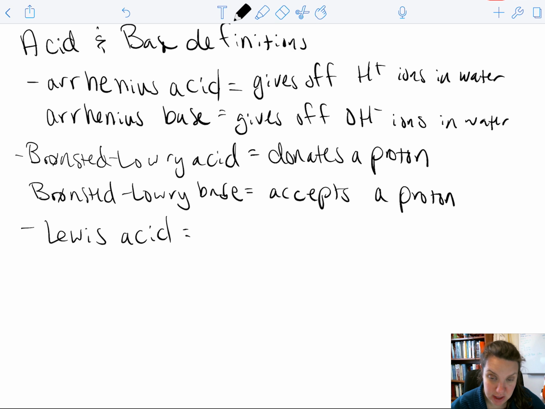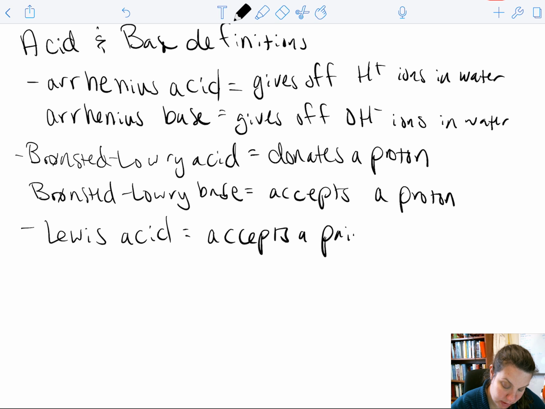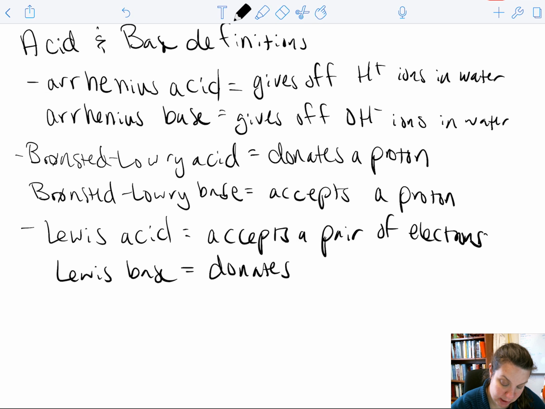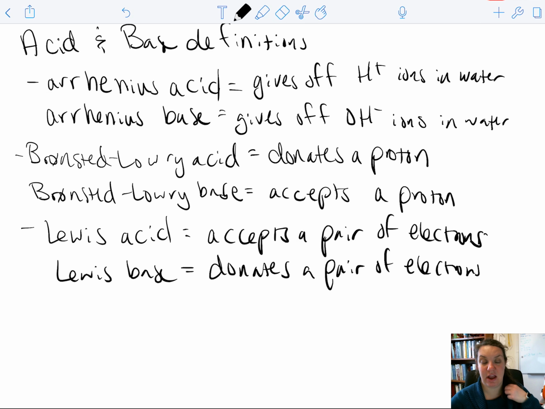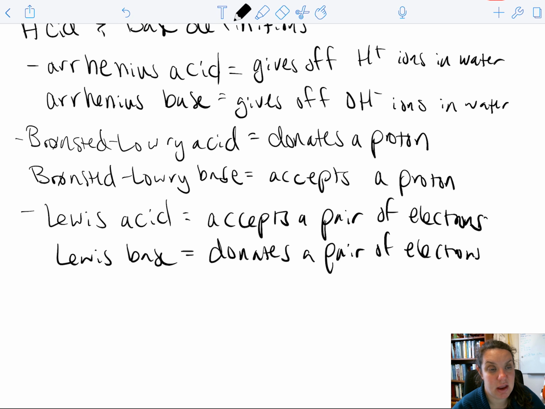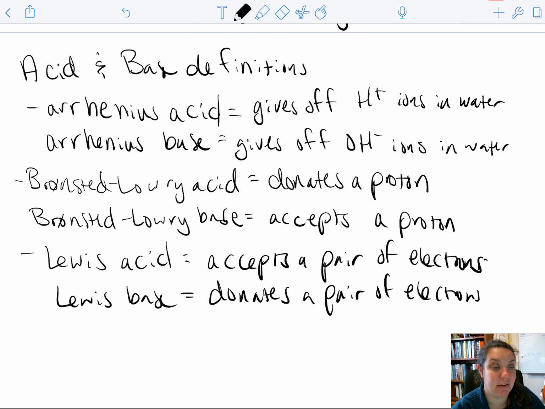A Lewis acid accepts a pair of electrons, and then a Lewis base donates a pair of electrons. So we'll look more in detail about those definitions and limitations in class, but just know that we can define acids and bases in terms of either Arrhenius, Bronsted-Lowry, or Lewis.